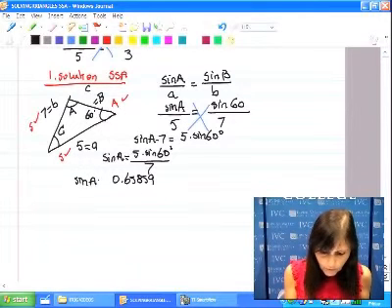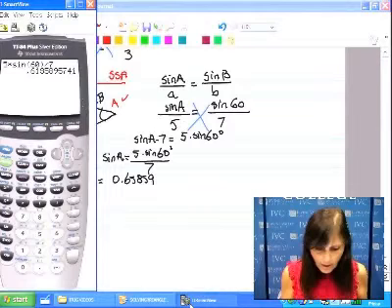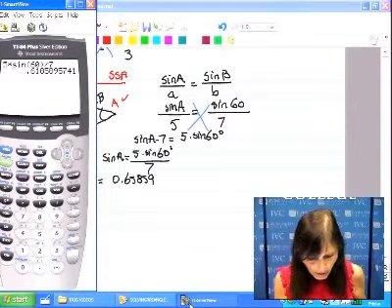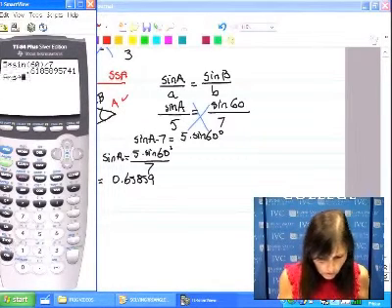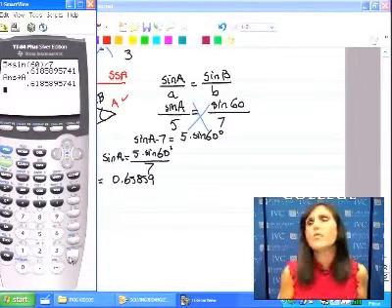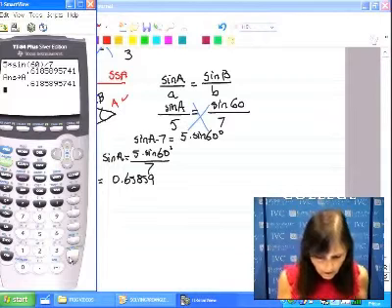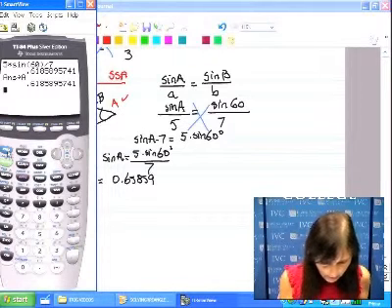Now let's take the inverse sine of that. What I'm going to do is store this to A, so that I don't round things. And I will take the inverse sine of that.